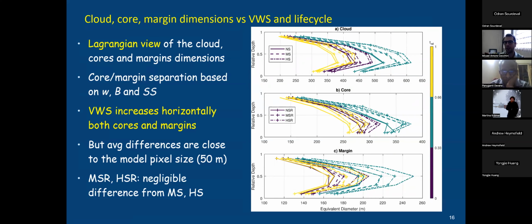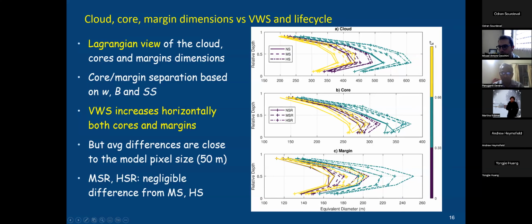So I take the area of the cloud at that altitude, and then I convert this area to an equivalent diameter of a circle having the same area. Because clouds are not perfect circles, it just gives an idea of the size of the clouds. And I do that for the early life cycle of the clouds in blue, mid life cycle in green, and late life cycle in yellow.